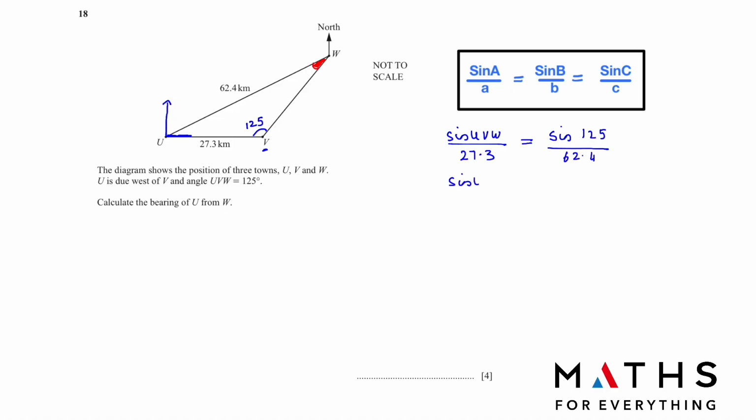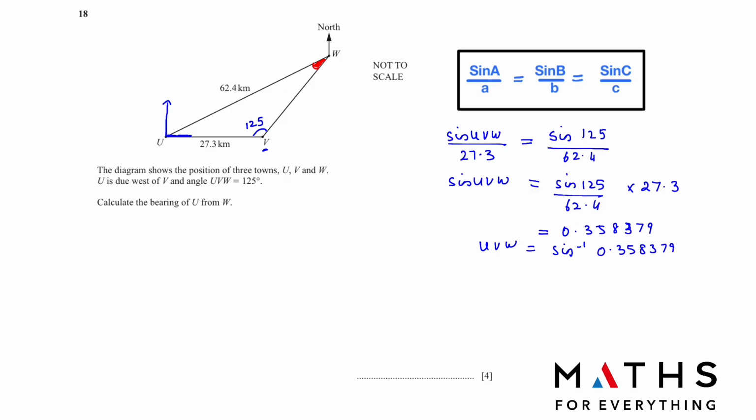So sine UVW is equal to sine 125 over 62.4 multiplied by 27.3. You will get 0.358379. I prefer to write big numbers because that's not the final answer that we need. Sine inverse of this number, 0.358379. Let's see. You will get 21. So this angle here is 21.